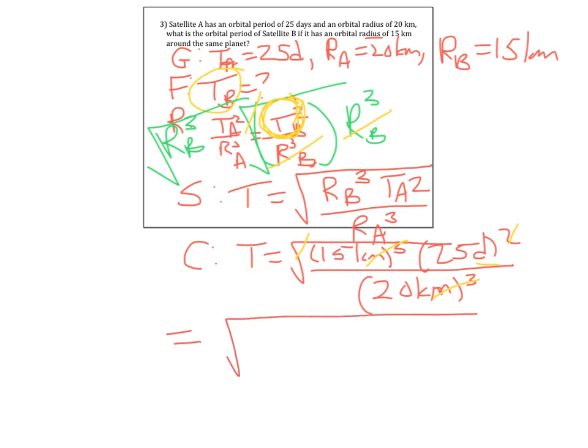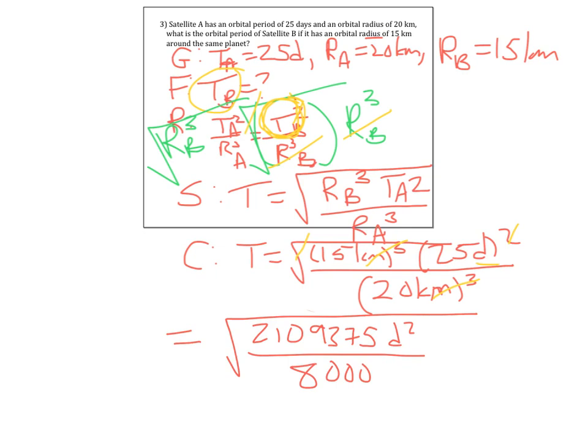So square root, that looks better. 2109375 days squared, because we know it's going to cancel, we just haven't yet. And on the bottom we have 20 raised to the third, so that's 8,000. So over 8,000. There's no unit left there anymore, right?